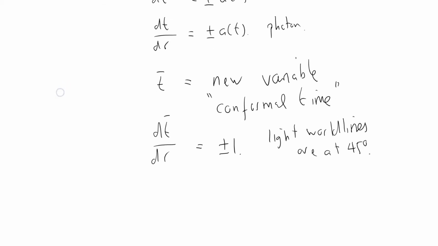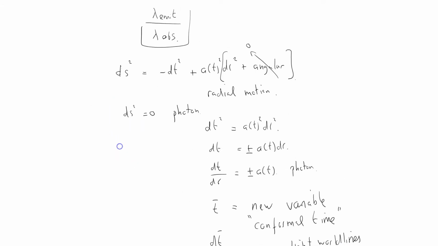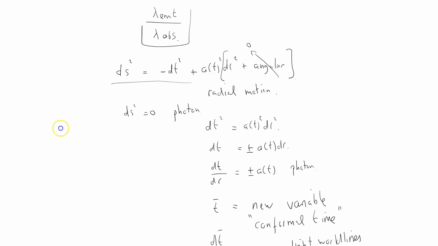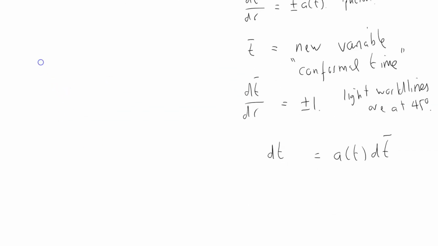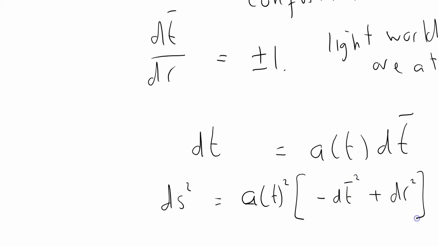Okay, so how do we do that? Well, we basically need to say that dt equals a of t dt bar, and then if we go back to our rule here, then that's quite nice. Our squared interval, our metric, says that ds squared equals, I'll factor it this way, a of t squared times minus dt bar squared plus dr squared.